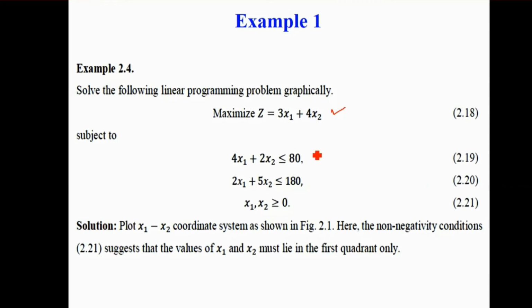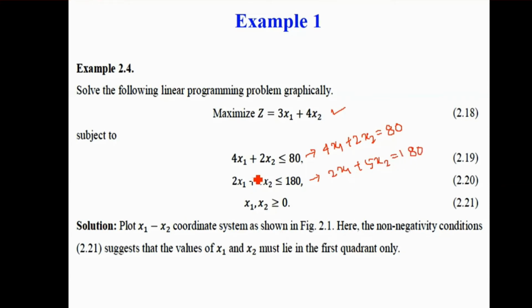First of all, what to do? We have to convert these constraints to equality form. From here we will get a straight line, 4x1 plus 2x2 equal to 80. Clear? Now the second one, we will get 2x1 plus 5x2 equal to 180.